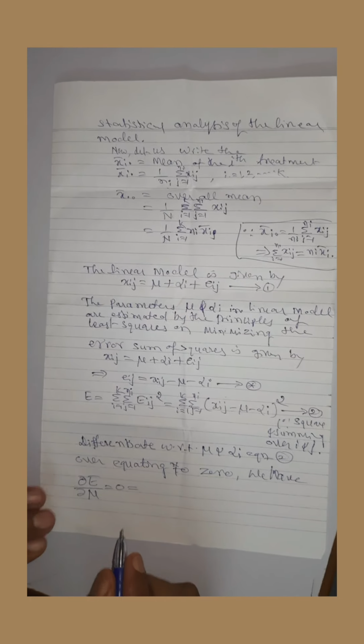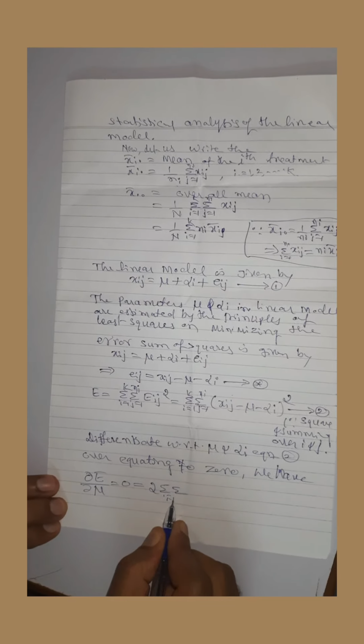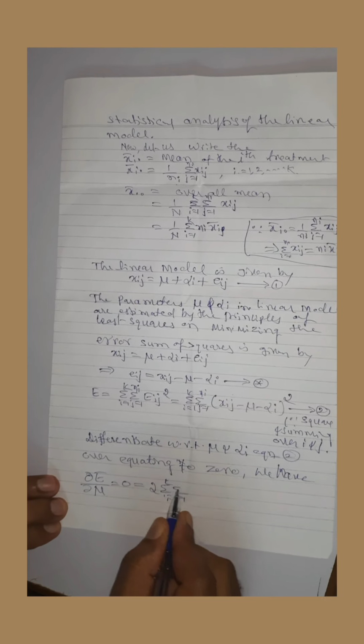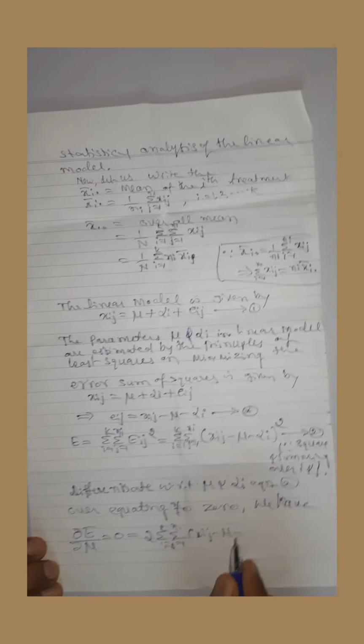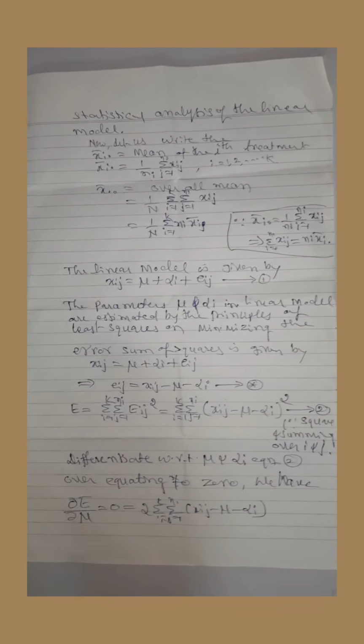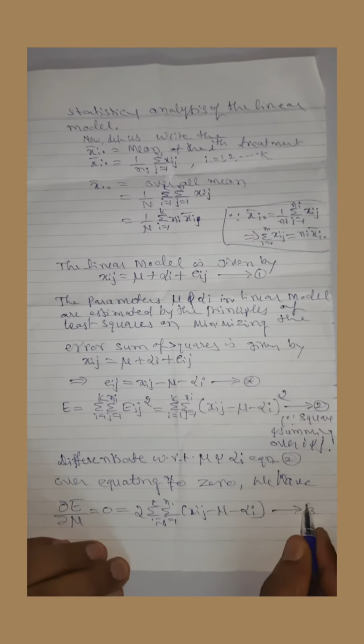The differentiation is 2 into double summation i is equal to 1 to k, j is equal to 1 to ni, xij minus mu minus alpha i. This is equation number 3.